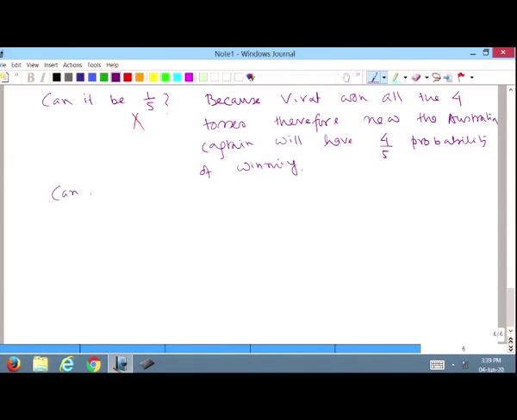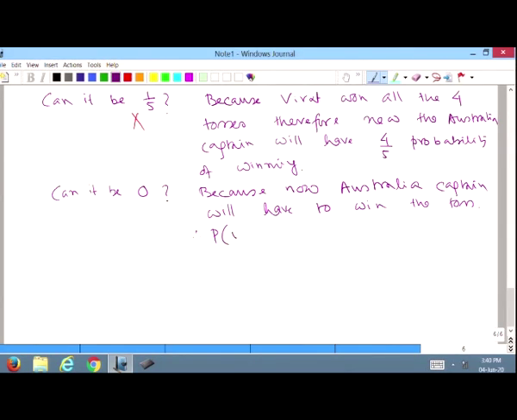Can it be 0? Because now the Australia captain will have to win the toss. Therefore, probability of Virat winning is equal to 0.